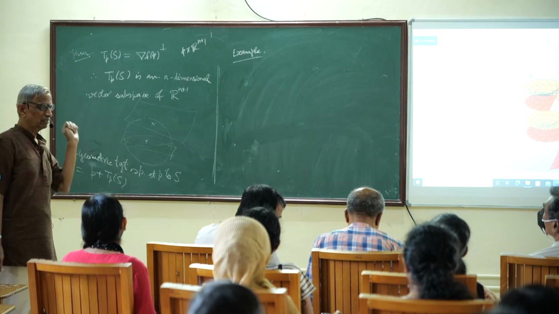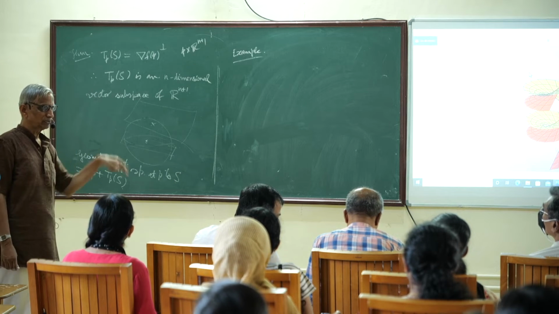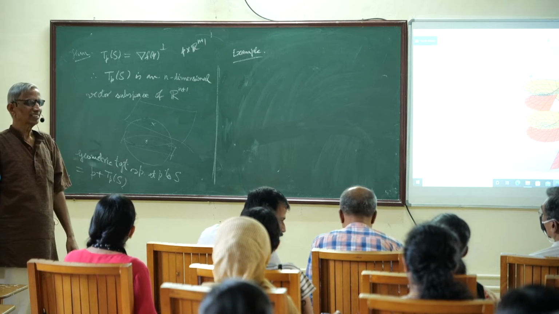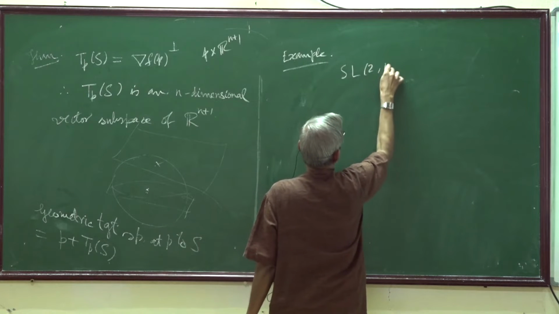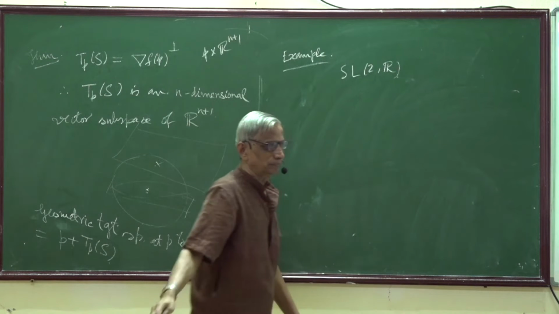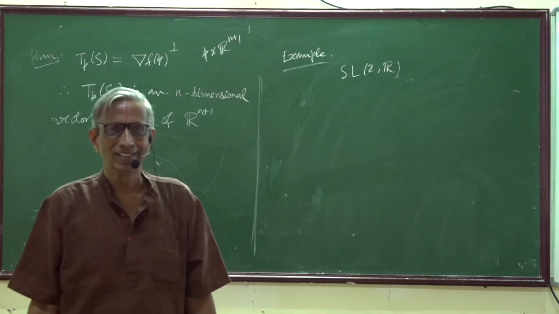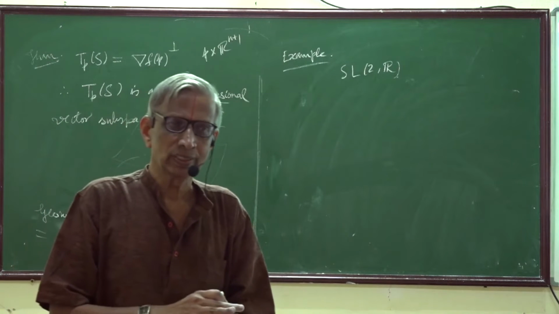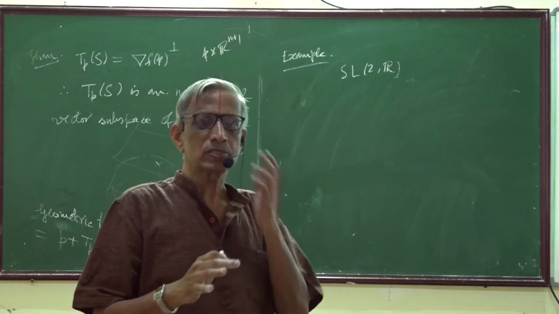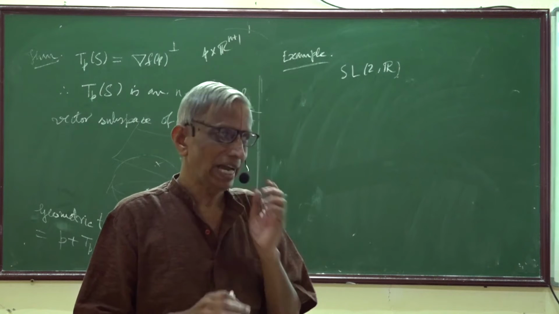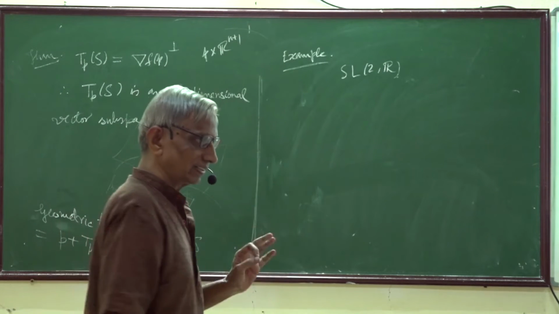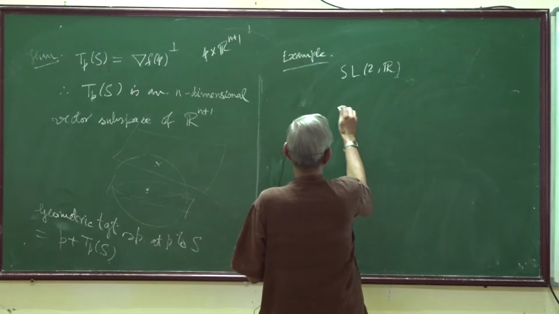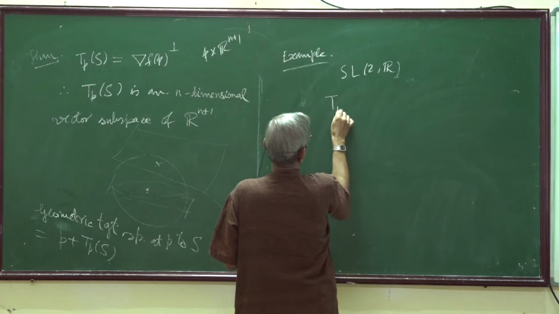Okay, let us again first look at the 2 by 2 case before we pass on to the general case. Let us try to compute the tangent space to this at the identity matrix. To make things simpler, let us take the identity matrix. So what is Ti?